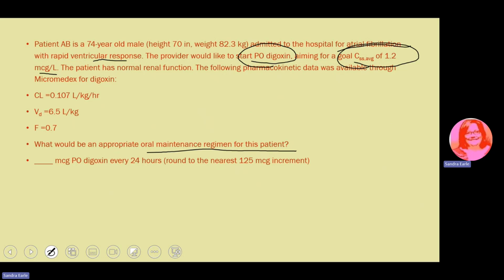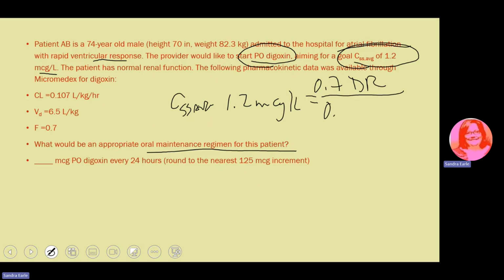So we're now going to start with our CSS average equation, right? So our target here is 1.2 micrograms per liter. And it's going to be equal to our bioavailability, which is 0.7, times our dose rate, which is our unknown, divided by our clearance, which is 0.107 liters per kilogram per hour.